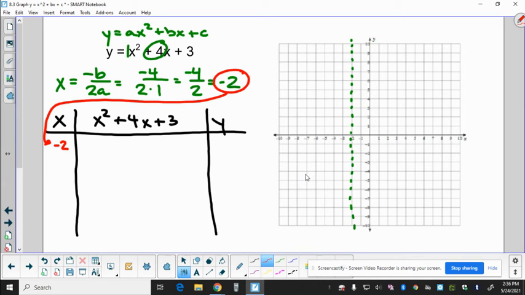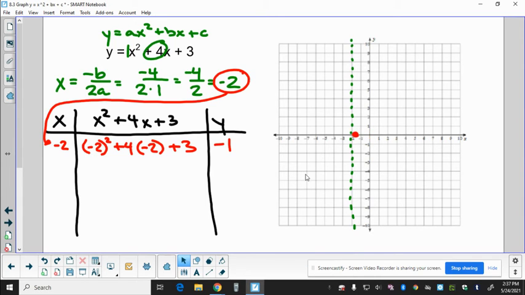Now you got to be very careful when you substitute this. I suggest you use parentheses for negative numbers so you don't make a mistake. All right, let's go ahead and calculate this. So that'd be negative 2 squared would be 4, and then you'd have minus 8. So that'd be negative 4 plus 3 would be negative 1. So that's the ordered pair negative 2, negative 1.